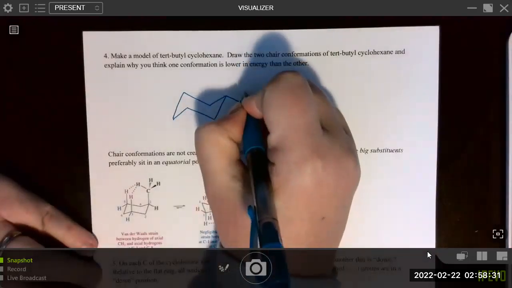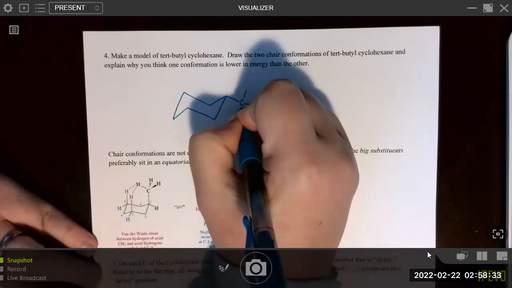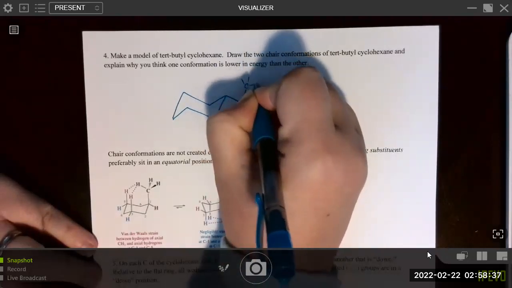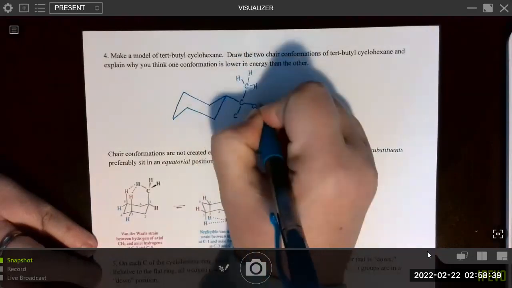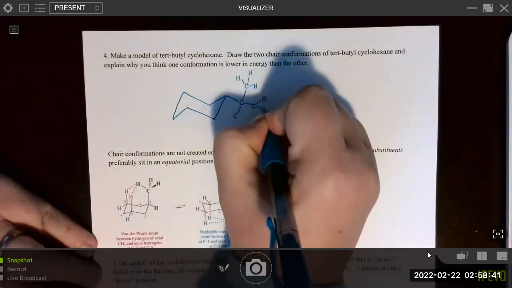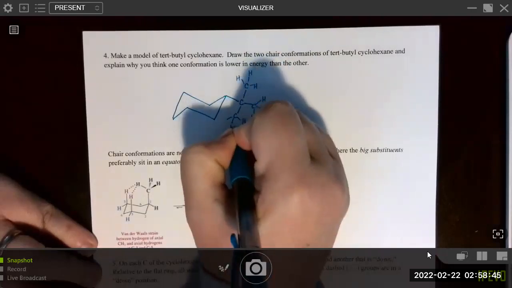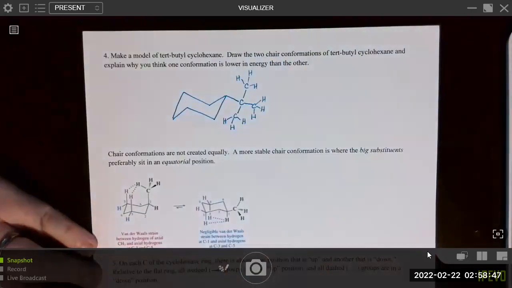So a tert-butyl is like a carbon, and each carbon has a methyl group attached to it. So it's a really bulky group, as you can see. If you just wrote TBU, that's okay. That can abbreviate tert-butyl. But this one really kind of shows you how large it is.